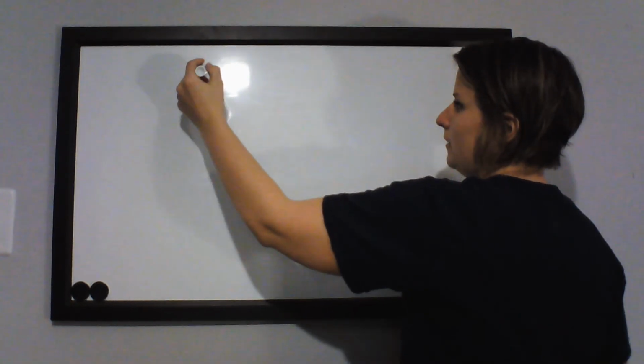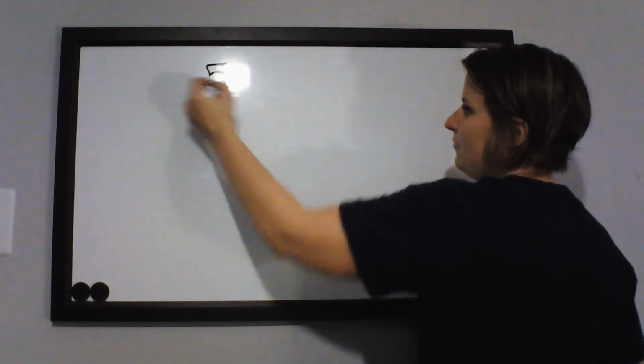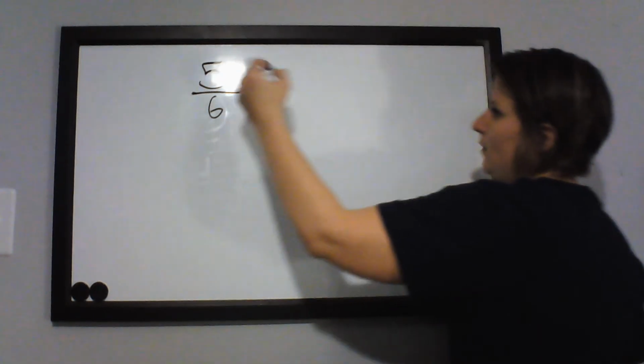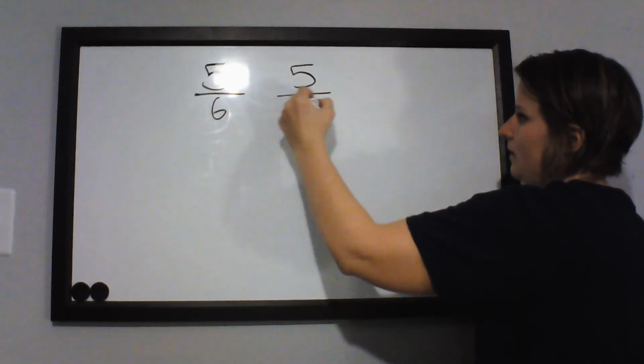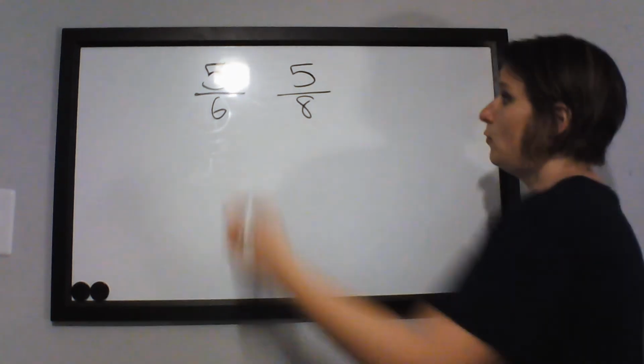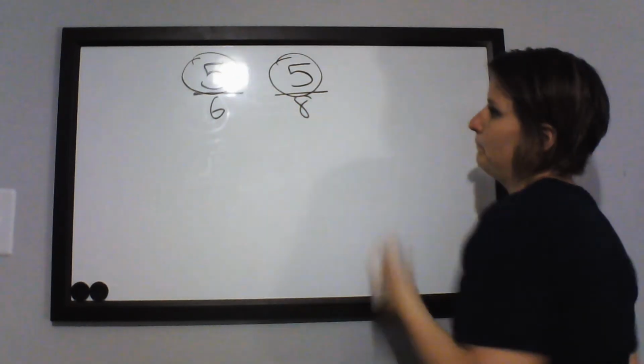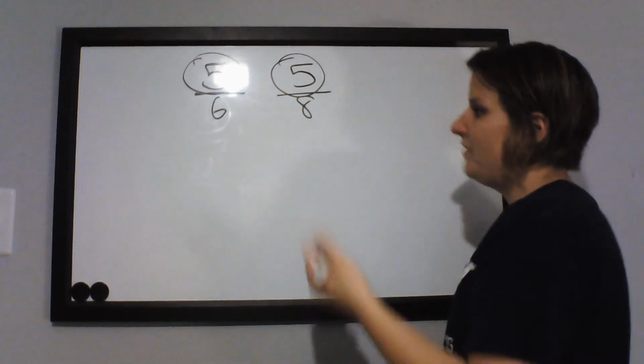the next pretty simple rule that we have is, let's stay with 6, but this time actually we're going to do 5/6, and we're going to do 5/8. And so in these 2 fractions, we actually have the same numerator, but we have different size denominators.